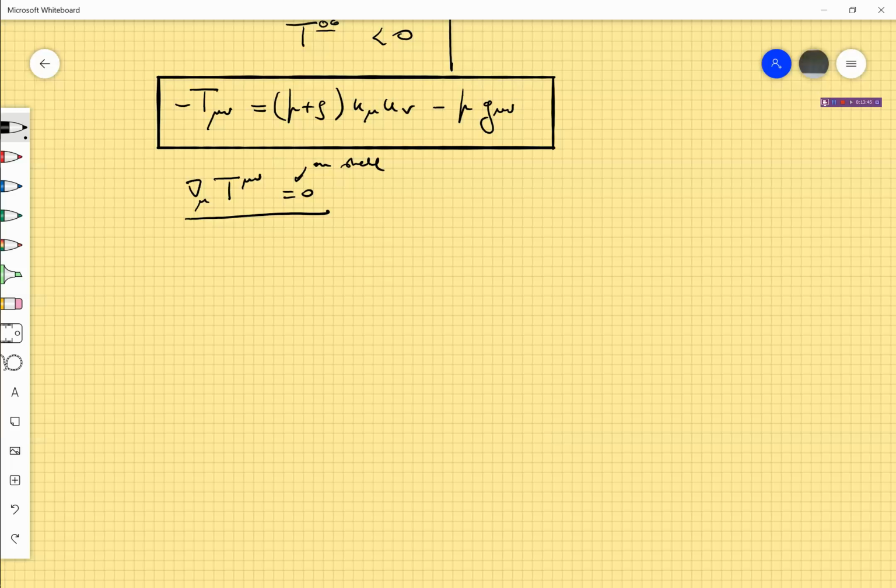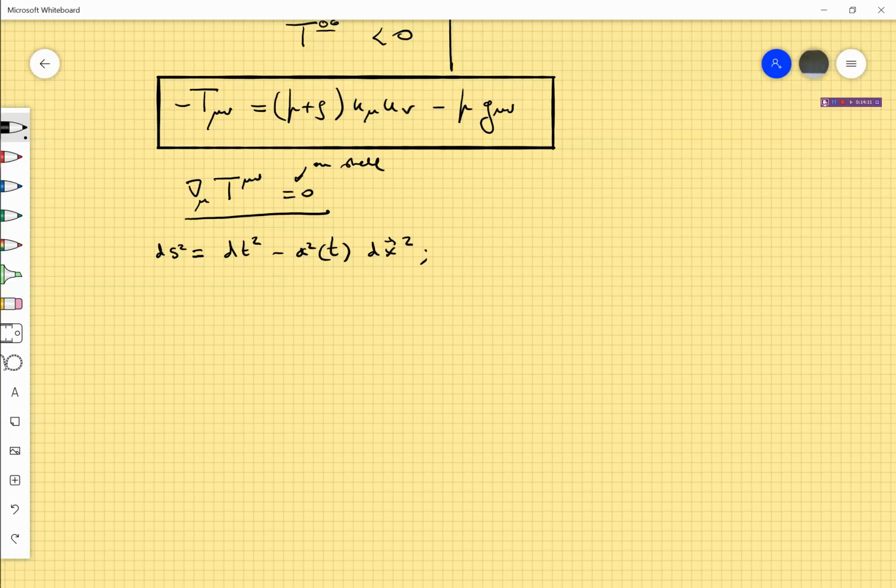So for instance, consider this metric. I don't know if it is a solution or not, but the interesting thing that we want to see here is how the interplay with the metric forces P and rho to satisfy certain conditions.